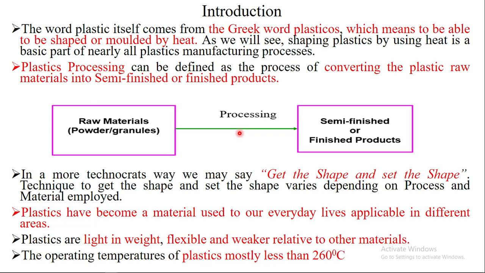If the temperatures go beyond that, they exceed the transition temperatures of the plastics. In that case, the plastic materials change their properties, or lose their mechanical properties. Due to that, the operating temperatures of plastic materials are kept below 260 degrees Celsius.